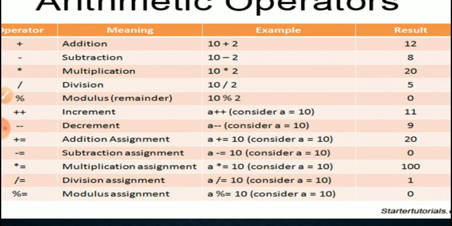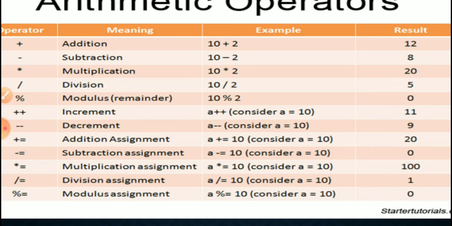Division operator, 10 divided by 2, 5. Modulus operator to find out the remainder. See here, 10 modulus 2. When we divide 10 by 2, we will get a remainder of 0. Okay, so this is the modulus operator.